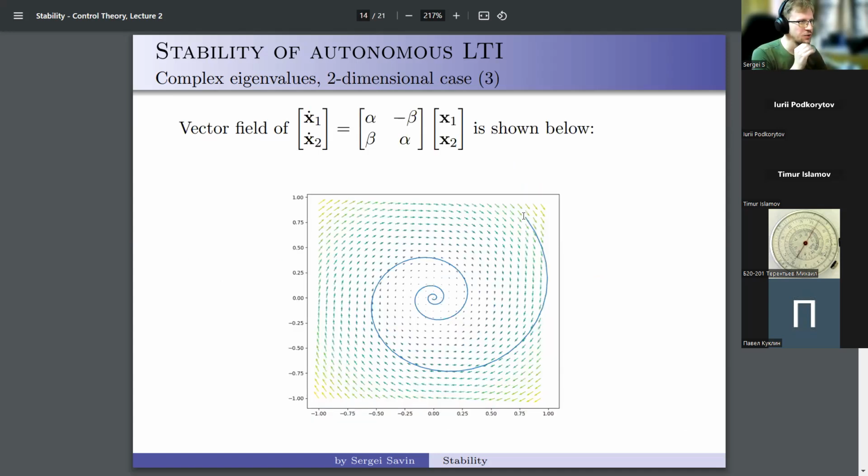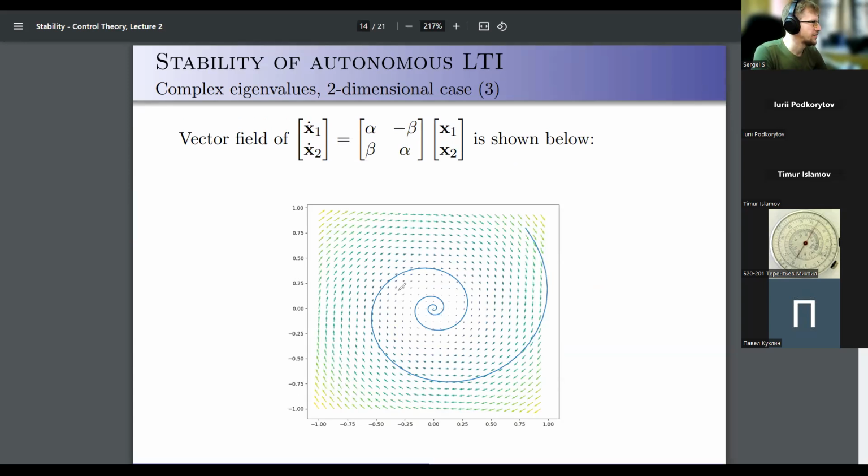Now let me just show a little bit of illustration. For this system, the vector field would look like this. You can see that it sort of rotates. If you know how to plot a solution based on the vector field, it looks kind of like this. You take an initial point, you look where your arrow drives you to, you take another, take your cue from the arrow, change direction and so on.